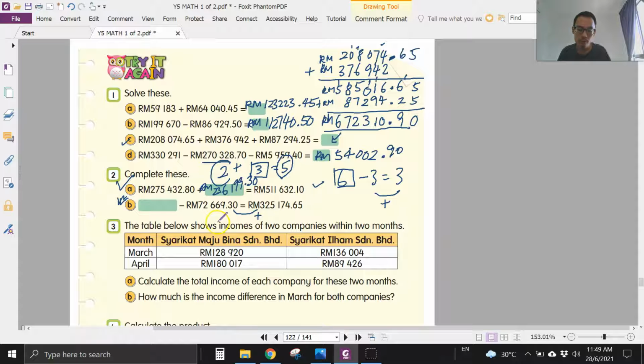Okay, 72,669 ringgit and 30 cents plus 325,174 ringgit and 65 cents. You should get 397,843 ringgit and 95 cents.